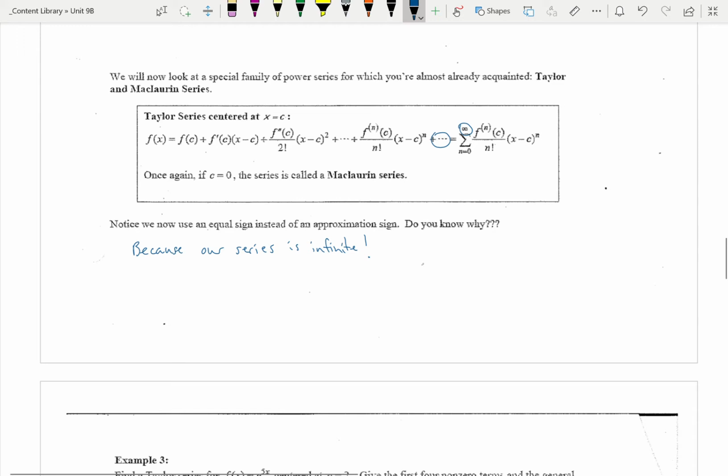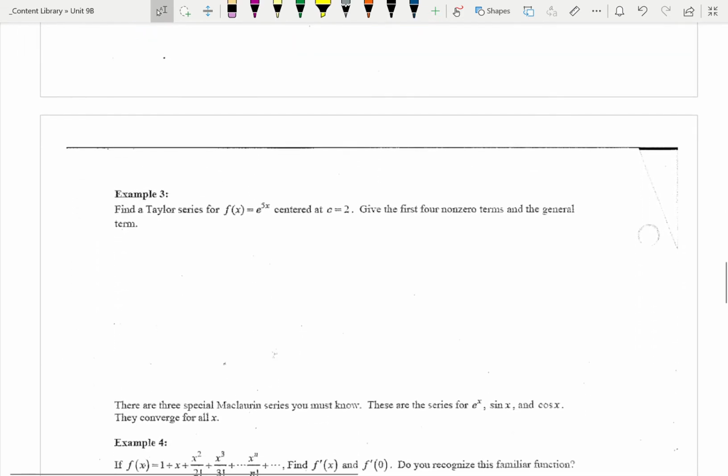But sometimes, as we saw with e to the x up at the top, one of the earlier examples, we will get an infinite interval of convergence, and that means that the Taylor series actually equals the actual function for all real numbers.